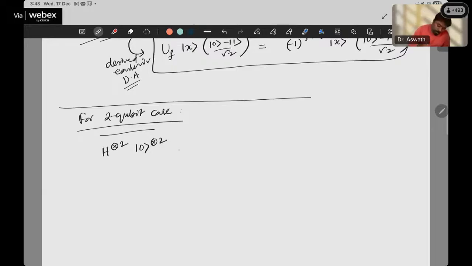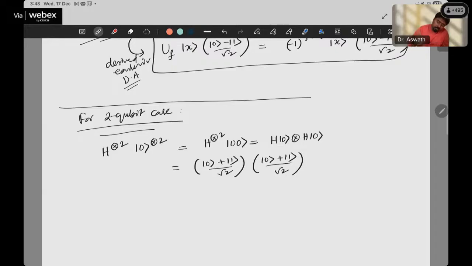So it will be H acting on 0, 0, which is H acting on 0 times H acting on another 0, which is 0 plus 1 divided by square root of 2 times 0 plus 1 divided by square root of 2, which is in fact 0, 0 plus 0, 1 plus 1, 0 plus 1, 1 divided by just 2.